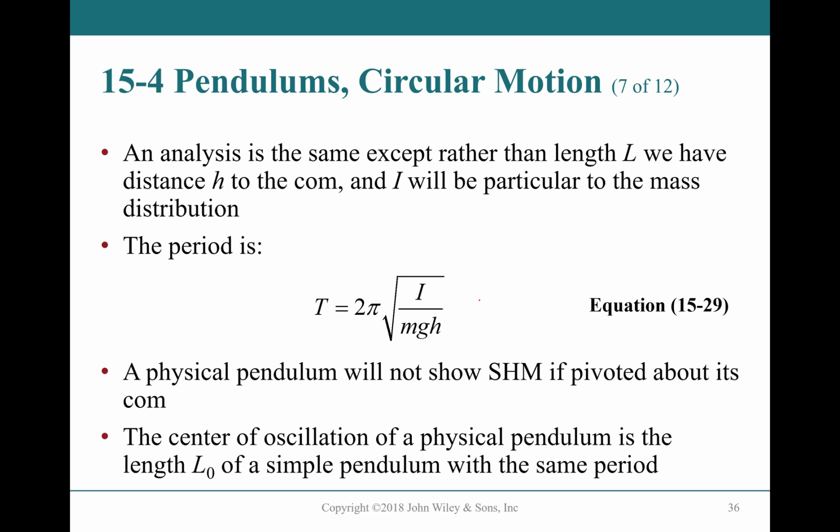And then the period T: omega equals square root of mgL over I, and omega will be equal to 2 pi divided by T. So T equals 2 pi over omega, and then you are going to get this. Okay, period is 2 pi times square root of I over mgh.